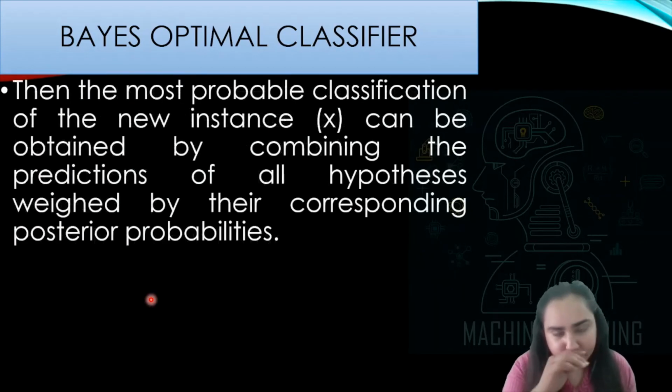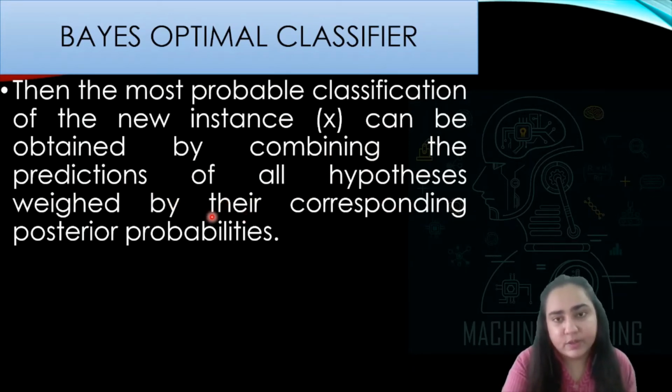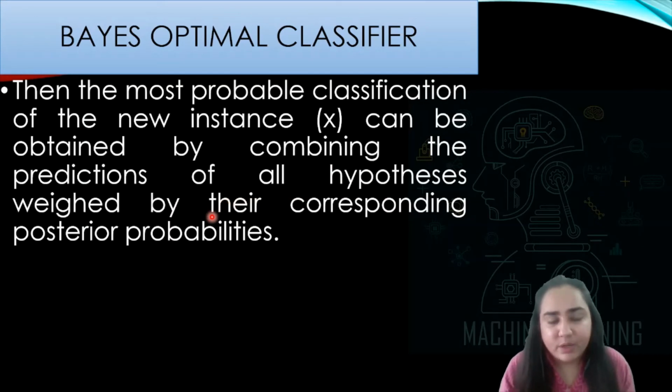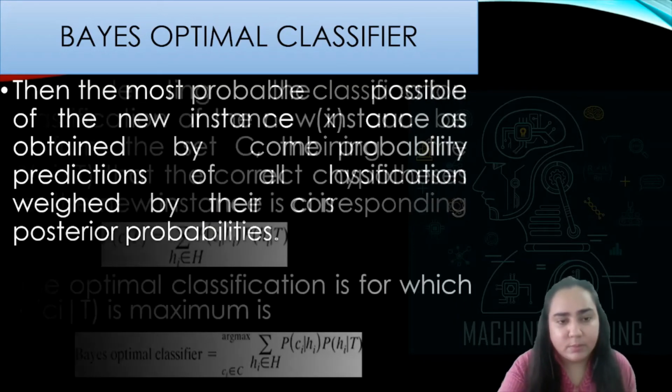Okay. So the most probable classification of the new X can be obtained by combining the predictions of all hypotheses weighed by their corresponding posterior probabilities. Okay, so we know that each hypothesis is not equally likely. One is 0.4, the other 2 are 0.3. So we have to weigh in the opinion given by each of them by using their probabilities.